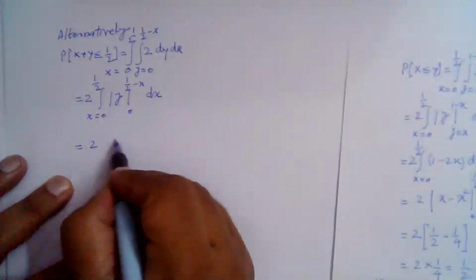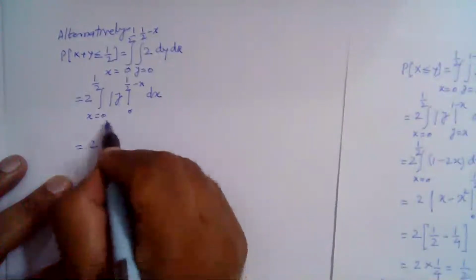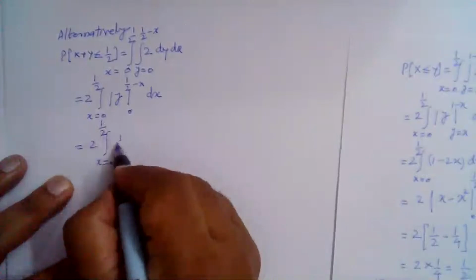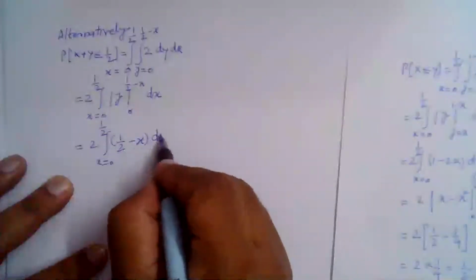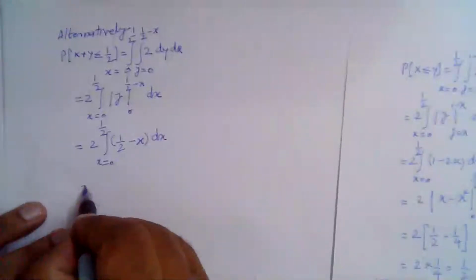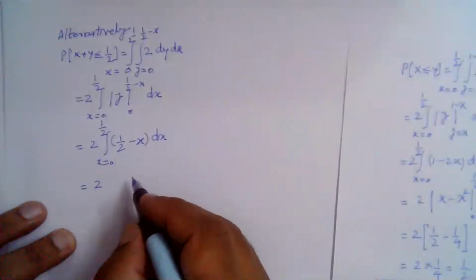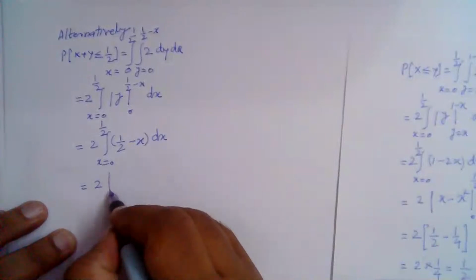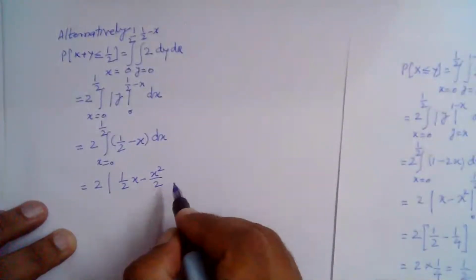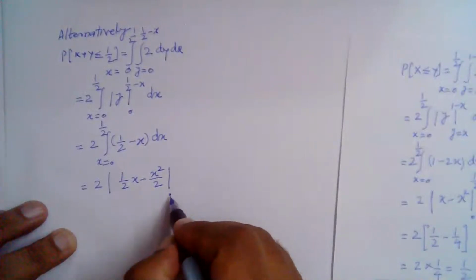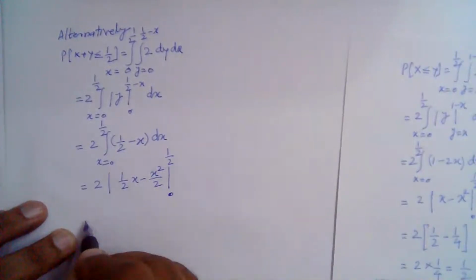So this is 2, x is equal to 0 to 1 over 2. This is 1 over 2 minus x minus 0, and dx. And this is 2, and we get 1 over 2 x minus x square over 2, right? And 0 to 1 over 2.